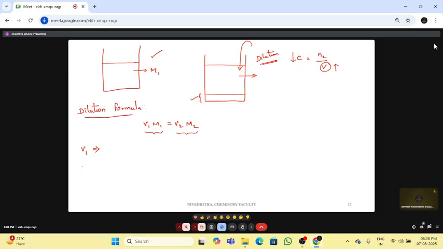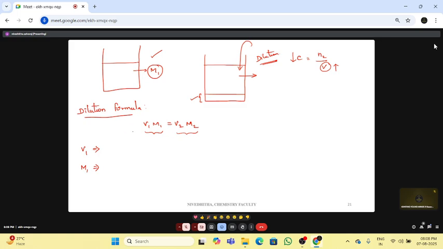And M1 is the concentration of the stock solution. If the concentration is in molarity, then it is M1. If the concentration was expressed in normality, then that will be N1. Okay, it depends. Here I've written M1. If it is normality in the problem, then have it as N1. So M1 is the concentration of the stock solution.